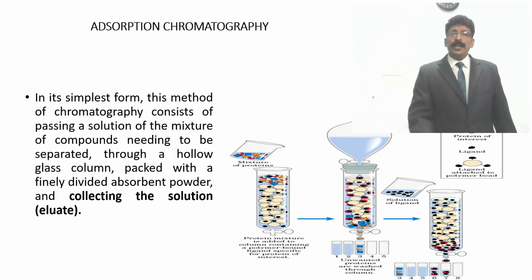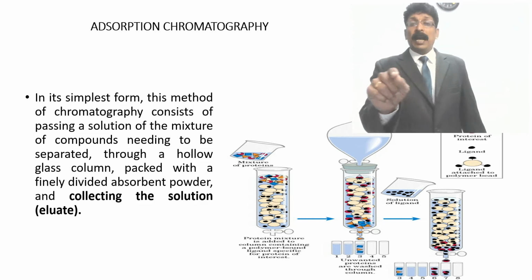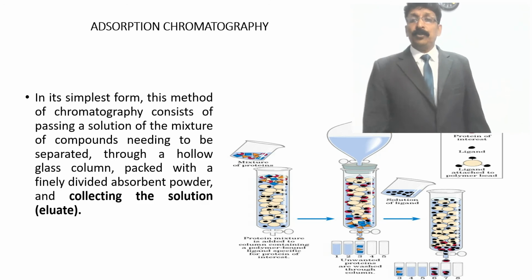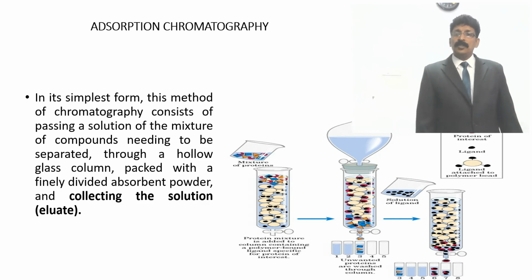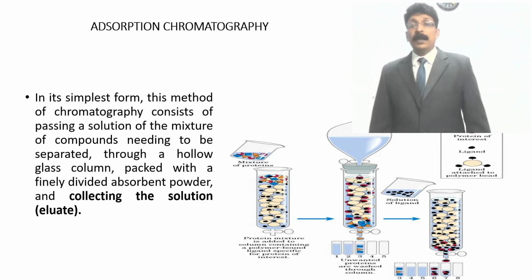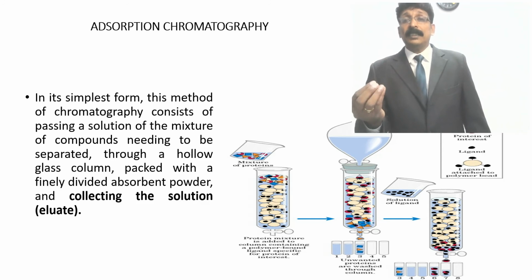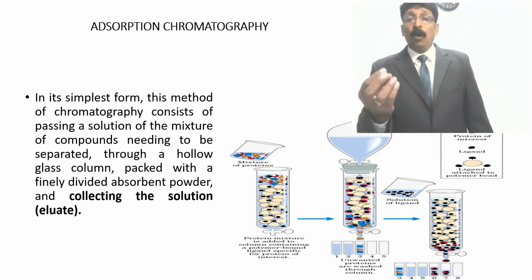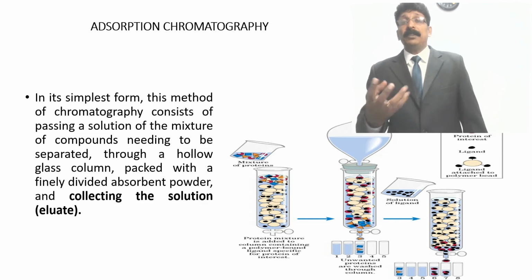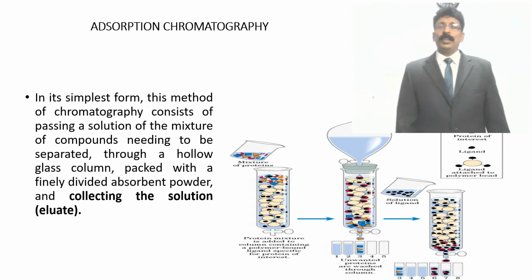So when you are adding that, there are black dots, there is another solution which is the ligand. This ligand has a capacity to hold that particular protein, a system which can bind with the red color protein which is in the mixture.